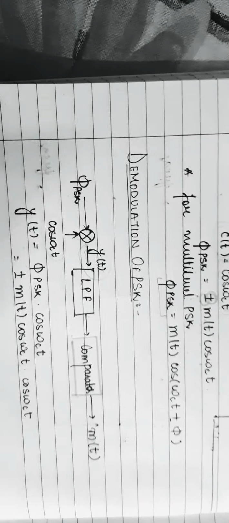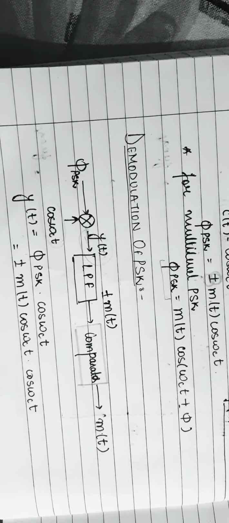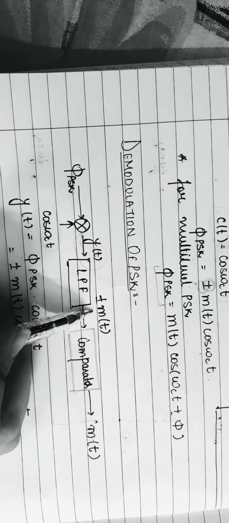After the LPF, here we will have a comparator. The comparator will compare and provide the message signal, that is m(t). Now at y(t) we got the value plus minus m(t). The output after passing through the LPF is plus minus m(t).